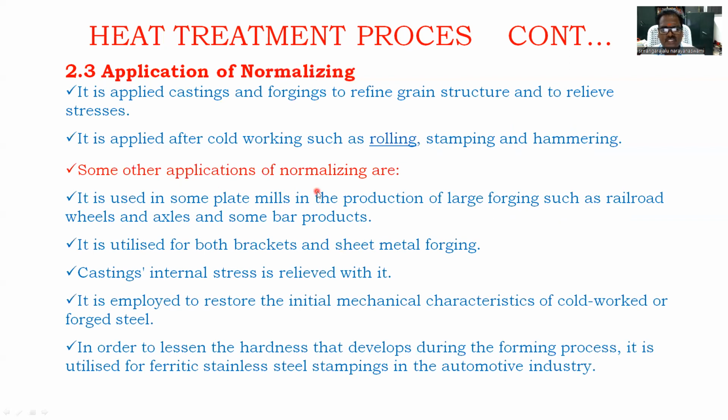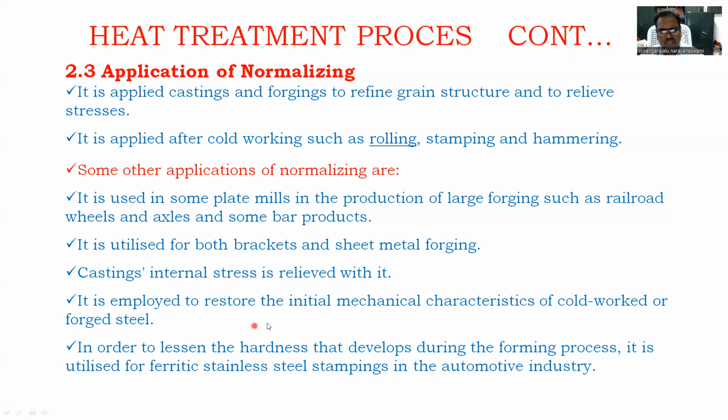Some other applications of normalizing: it is used in some plate mills in the production of large forgings, such as railroad wheels and axles, and some bar products. It is utilized for both brackets and sheet metal forgings. Casting internal stress is relieved with it.